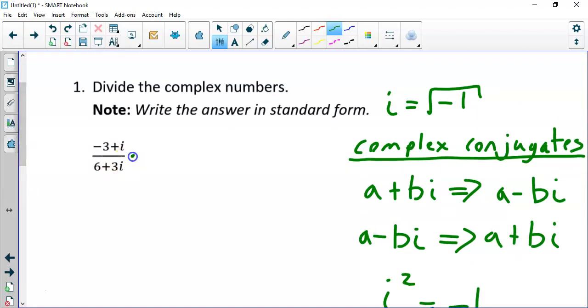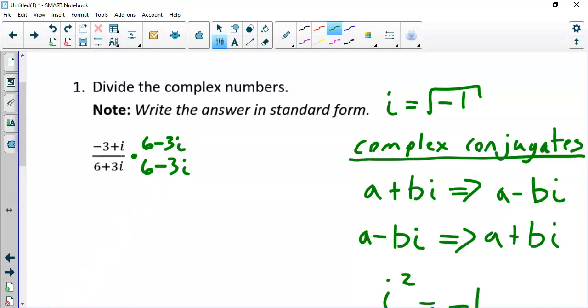So, again, we don't like i in the denominator. So what am I going to multiply top and bottom by? The complex conjugate, which is what? 6 minus 3i.